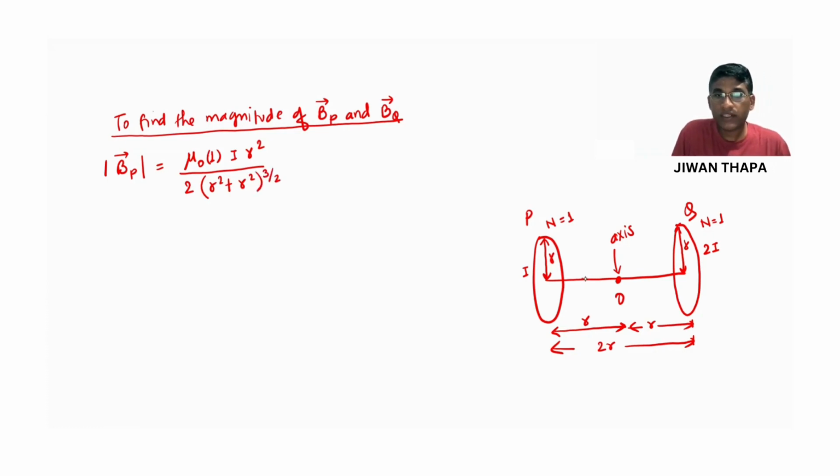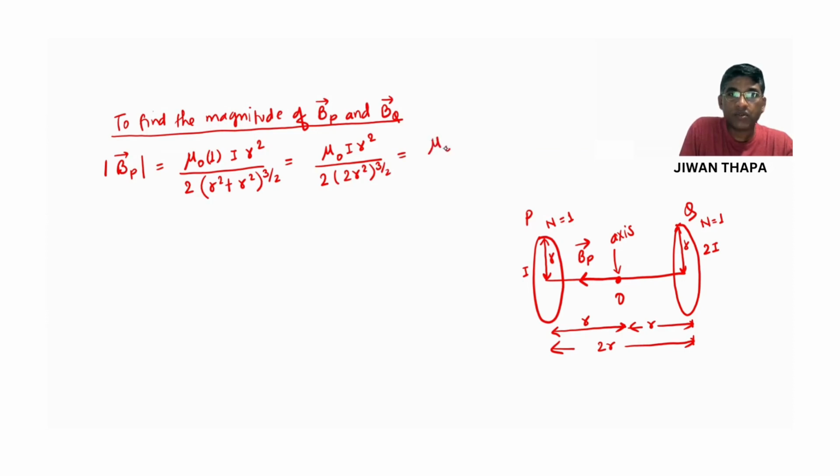And we know it is directed towards P. So we have this. Clear? So we can write in this way mu naught I r square 2, and we have 2r square whole power 3 by 2.